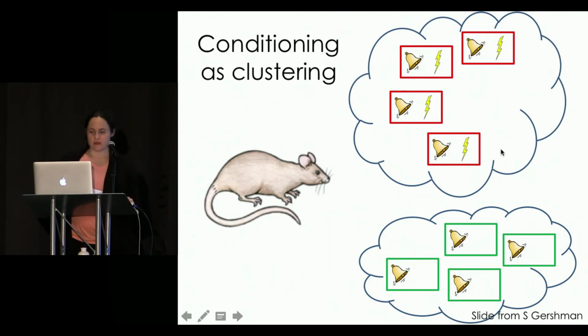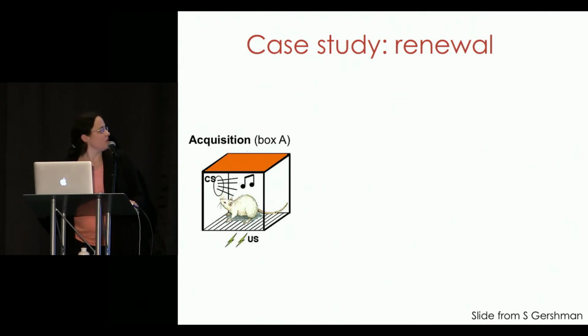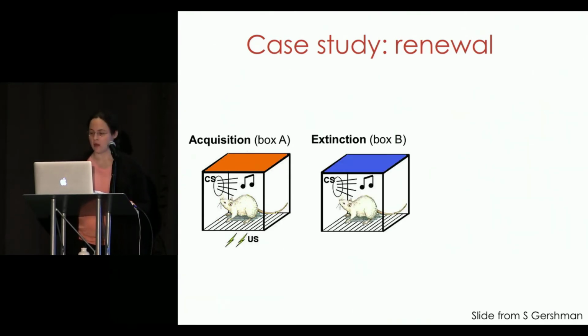And so to study this, they looked at the phenomenon of renewal, whereby an animal is trained to acquire a fear response in the first box. Then this fear response is extinguished in a different environment, in a different cage.